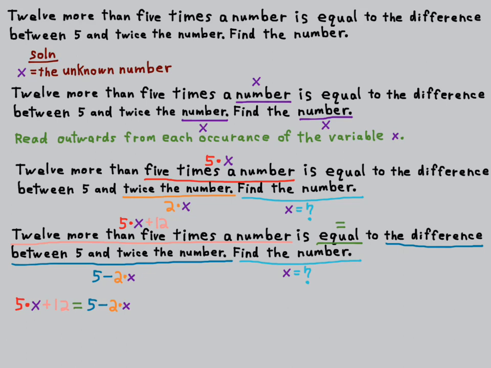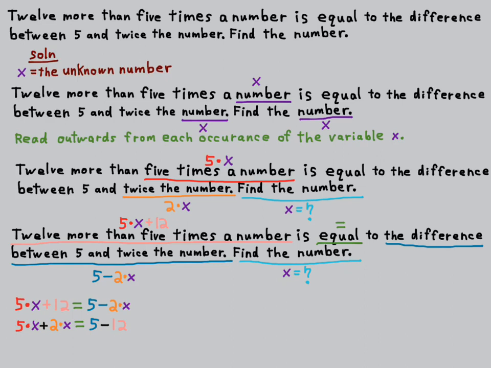I won't do that all at once though, but I can move the minus 2x over here and make it plus 2x, and move the plus 12 over here and make it minus 12. I can do those in the same step, right? Because I'm really just doing the 2x first, and then I'm doing the 12 second. Just make sure you get the right sign on it.